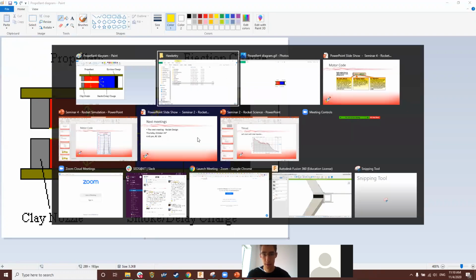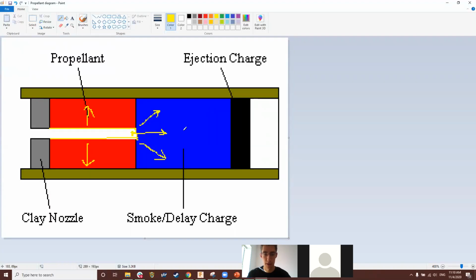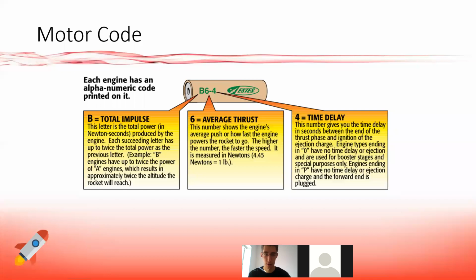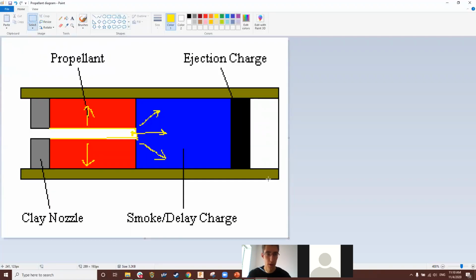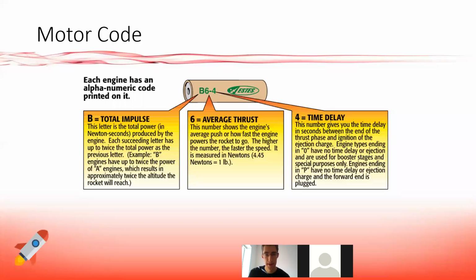So this number that I just showed you, 4, means that the blue thing is going to burn for 4 seconds. And you can adjust that. There are tools that allow you to drill from this side, and that's going to shorten the delay time. That's going to be very important for your simulations.